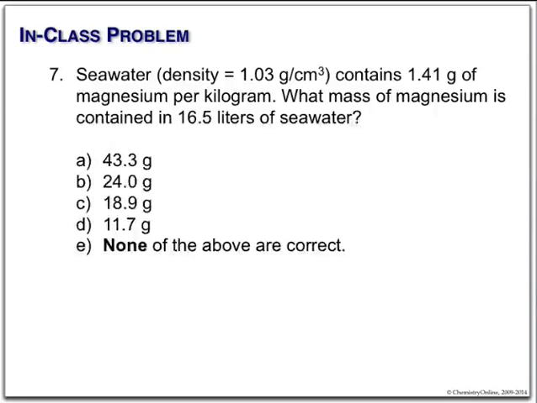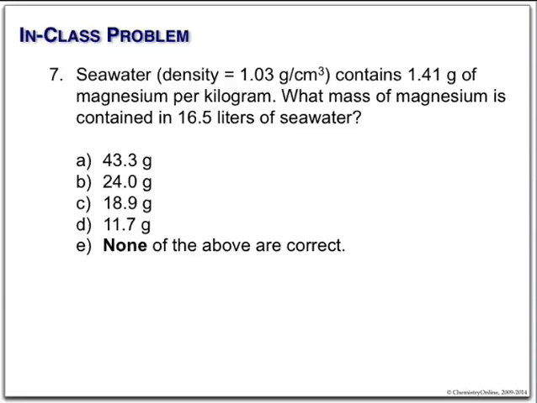In fact, magnesium in seawater typically is about 1.41 grams of magnesium per kilogram. Now, a kilogram of water is a good sized water bottle, something like this. And there's still 1.41 grams of magnesium in it. That's a lot.